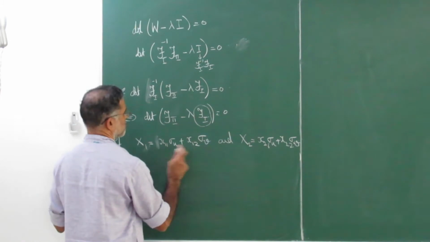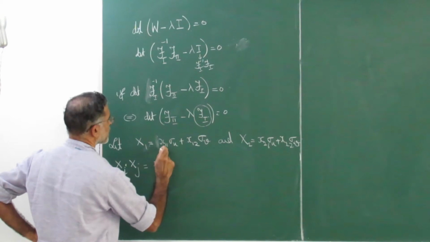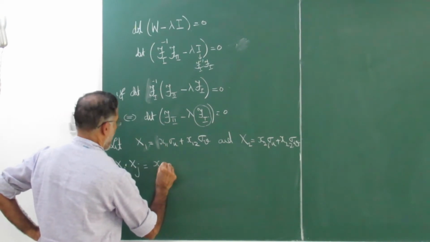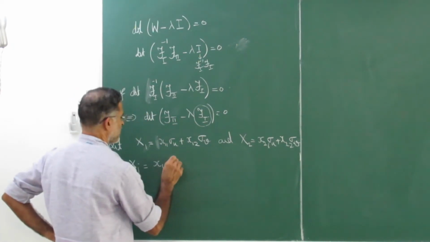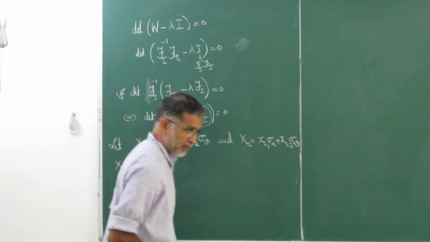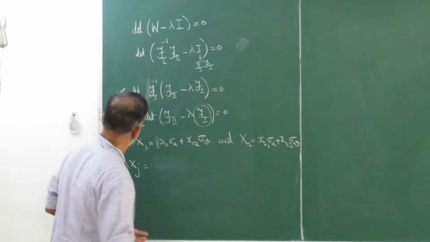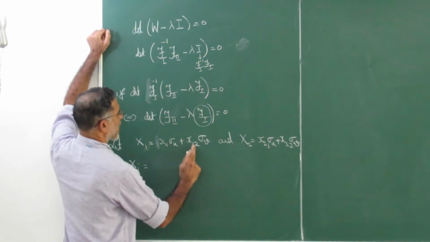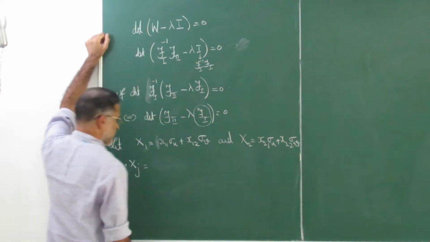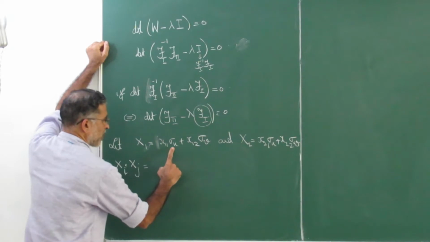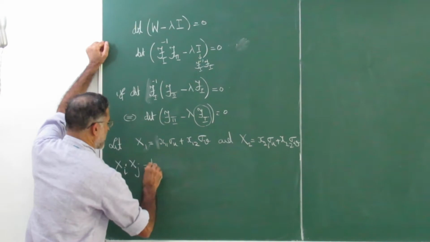For i and j, you will have xi1 sigma u plus xi2 sigma v, and xj1 sigma u plus xj2 sigma v. That's the way you look at it. If you take the inner product sigma u dot sigma u, that will give you E.